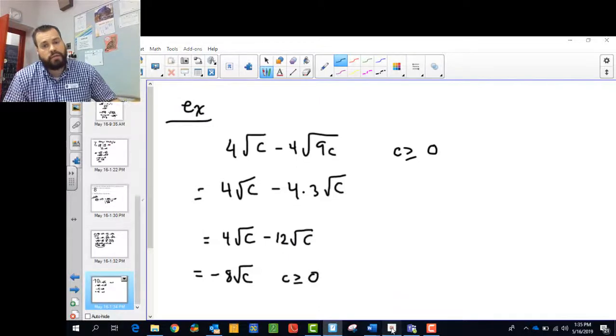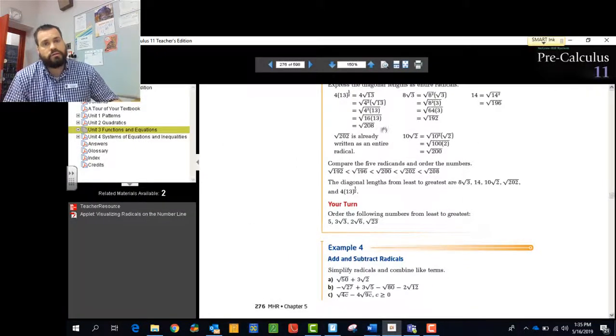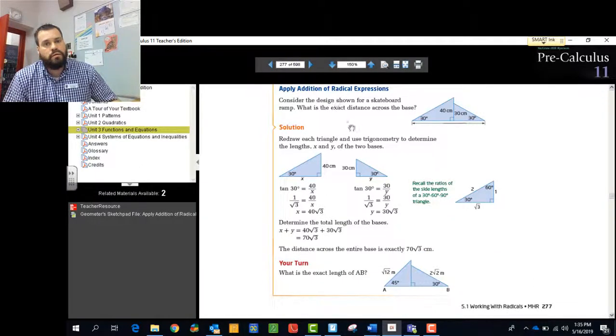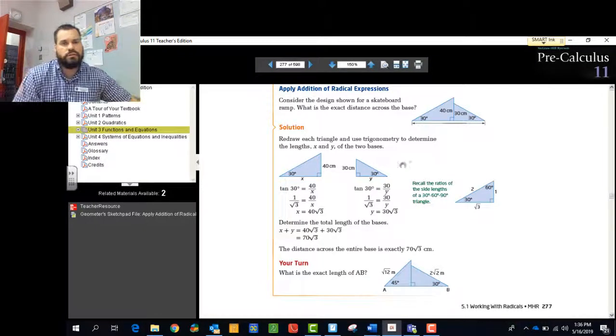So that's how you add and subtract radicals. And if you look on the next page, you'll see what is the purpose of this. I guess there's an example here that shows you when you might want to do that. Okay, so you find this length here.